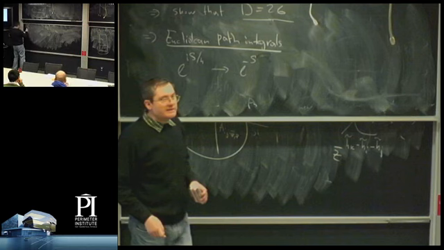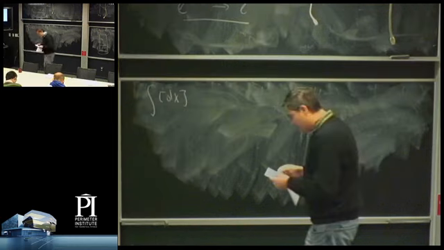And so our path integral is going to be: we have to integrate over all possible configurations of X, and we're going to integrate over all possible worldsheet metrics.